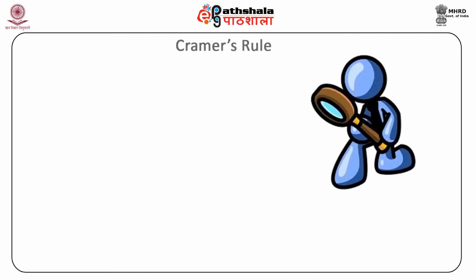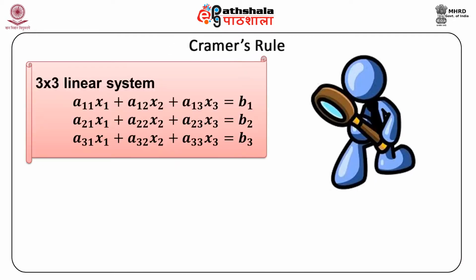Let us consider a 3 × 3 linear system. a11x1 + a12x2 + a13x3 = b1, a21x1 + a22x2 + a23x3 = b2, a31x1 + a32x2 + a33x3 = b3.